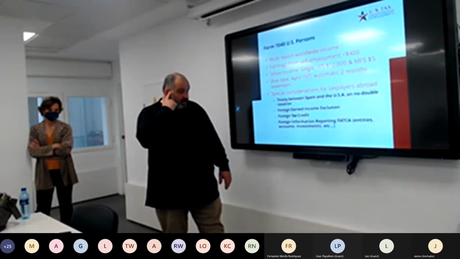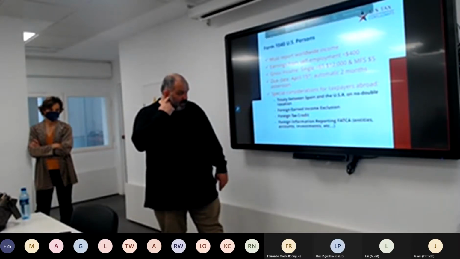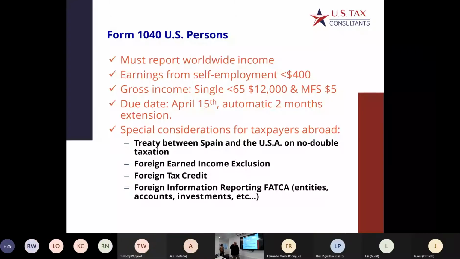Another thing that is important is the foreign information reporting, the FATCA, which started in 2017 more or less, and is the 8938, which basically asks you to report all your bank accounts. It's very similar to the FBAR, the foreign bank account report, but it's not the same.